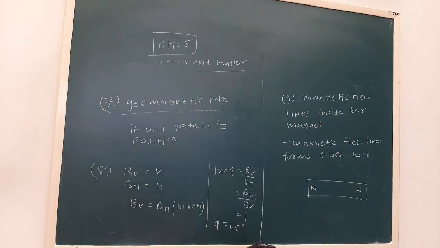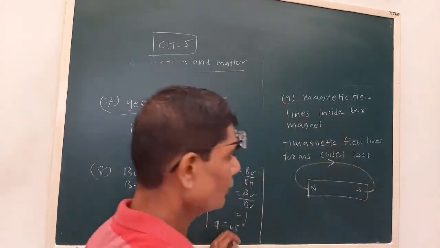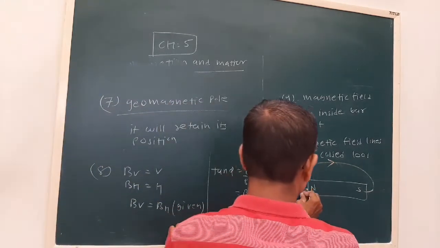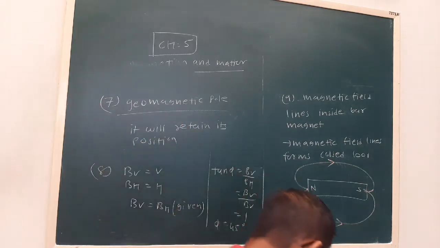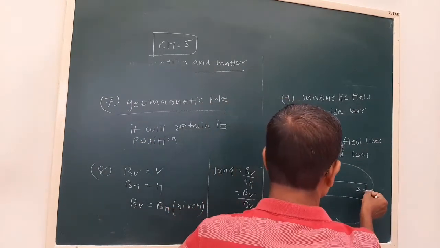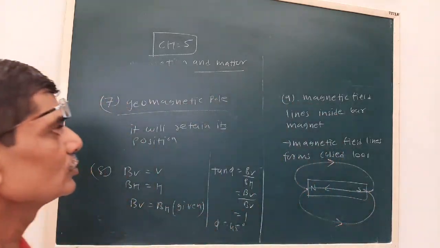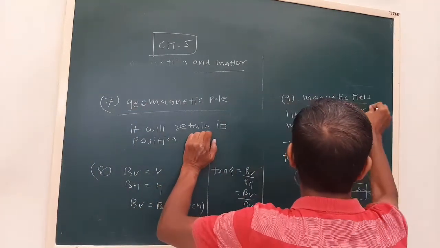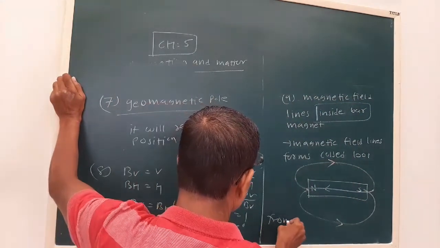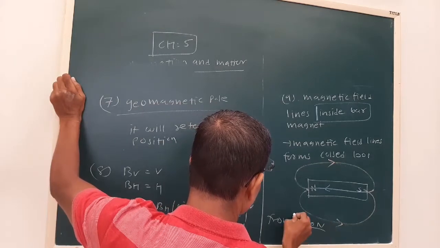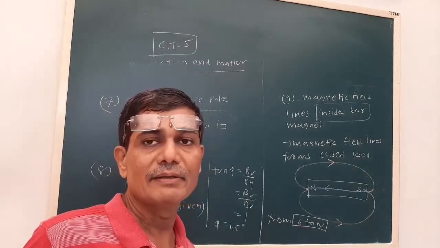Now see outside the bar magnet. But because the magnetic field lines form closed loops, to make a closed loop here, it should be from S to N. So inside the bar magnet, the direction of the magnetic field lines will be from S to N.